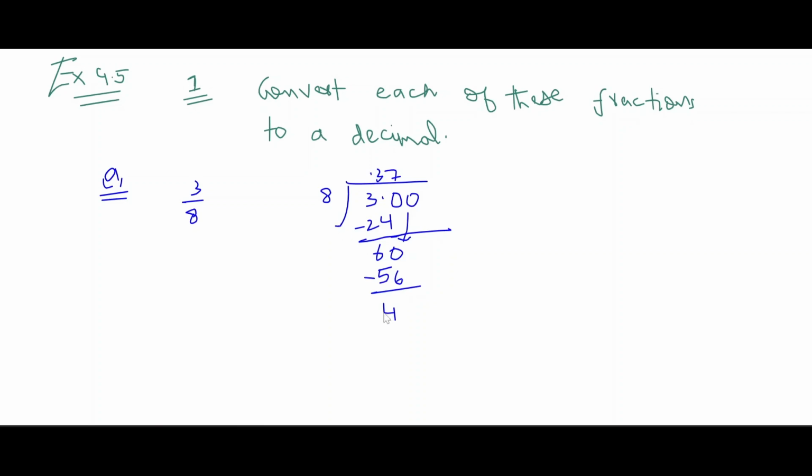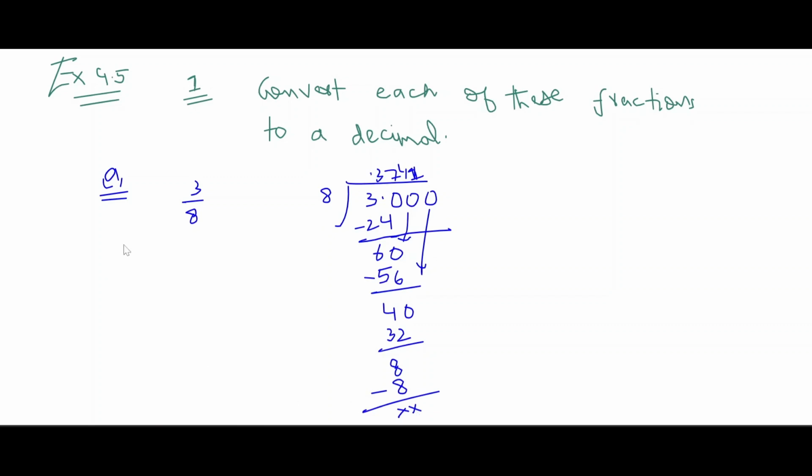Now we divide 4 by 8, but it's not possible, so give the 0, and 0 will come down, and we divide 40 by 8. 5 into 8 is 40, and you subtract it, and it's done.